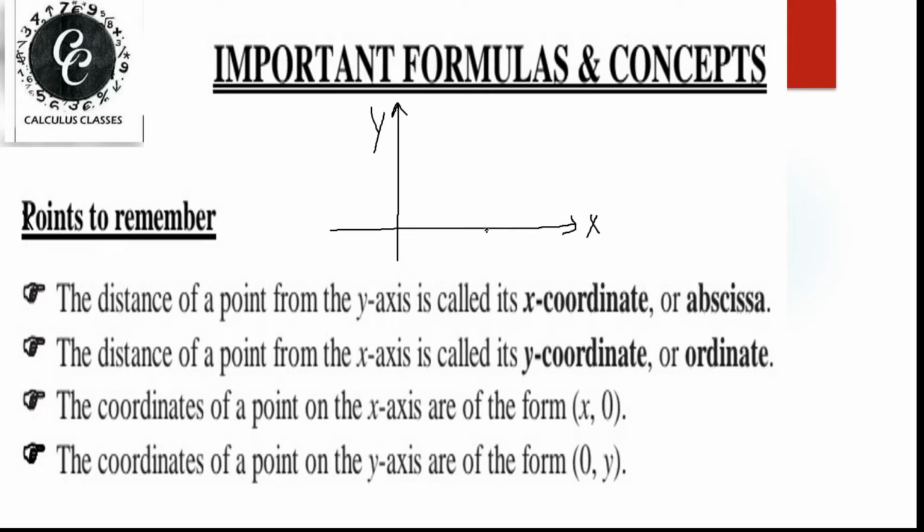If we take any point on the x-axis, it will be in the form x comma 0, because on the x-axis the value of y will be 0 throughout. Any point on the y-axis will be in the form 0 comma y, because the x coordinate will be 0. I hope you understood.